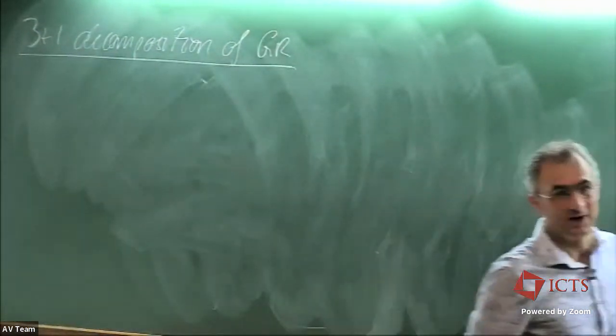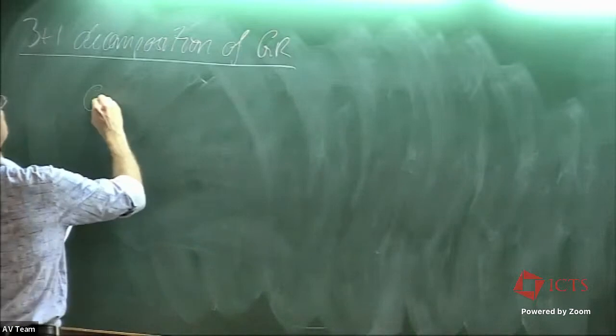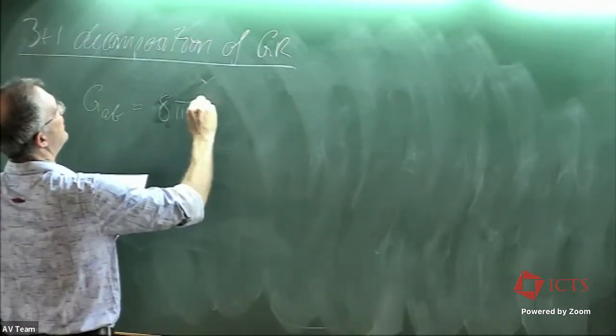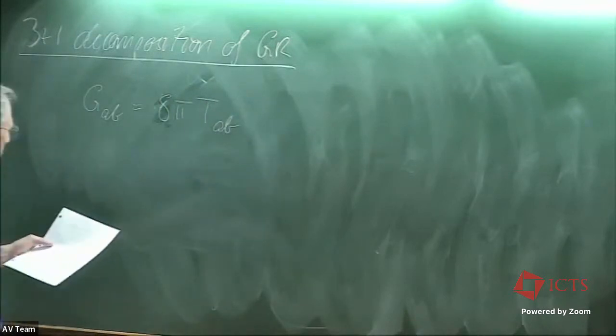What changes? Well, the first thing that changes, we have a different field equation. Now, instead of Maxwell's equations, we have Einstein's equations: G_AB equals 8 pi T_AB, okay?